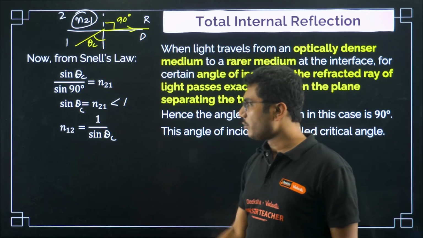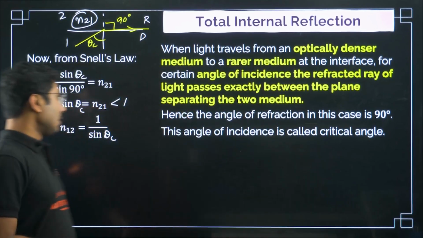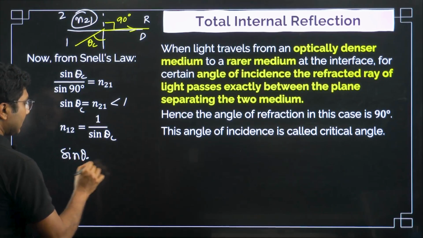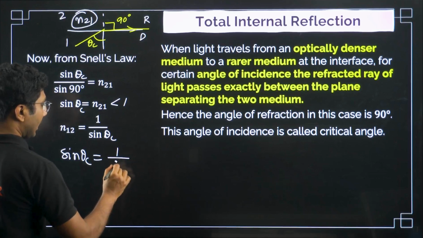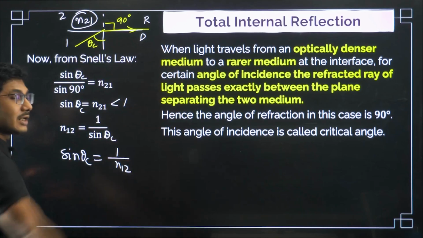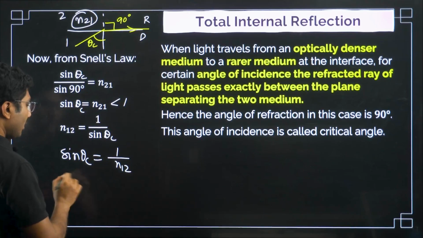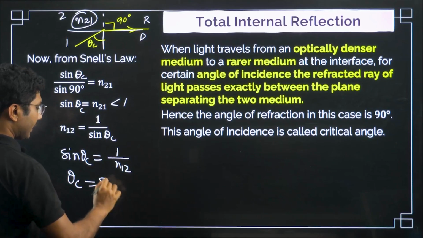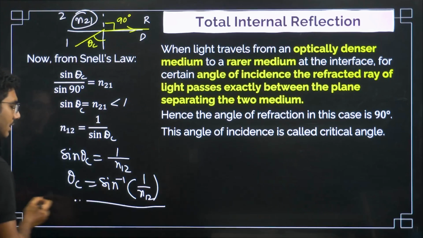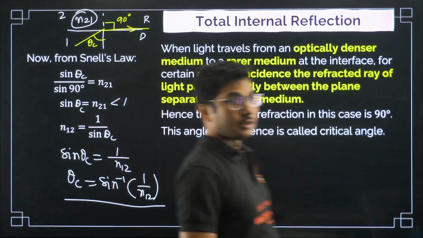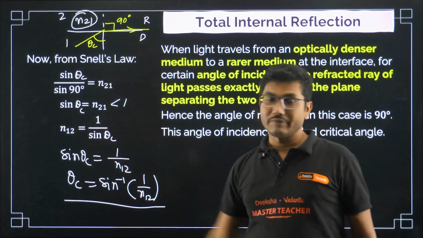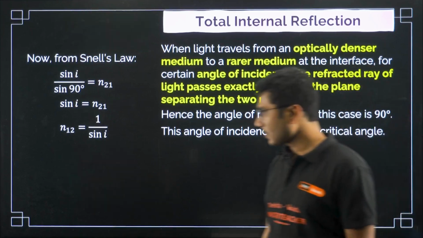Now the critical angle is generally calculated like this: sin theta c is 1 by n12, because in most cases n12 will be given. The refractive index of water is 1.33, that will be given to you. So from there theta c is generally calculated using 1 by n12. This is the formula to calculate the critical angle, and from the critical angle, calculating the refractive index, this is the formula.